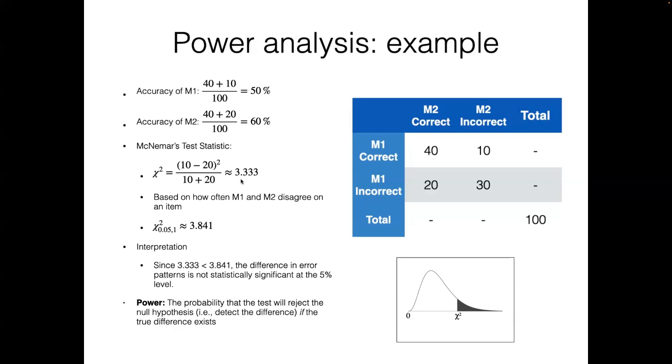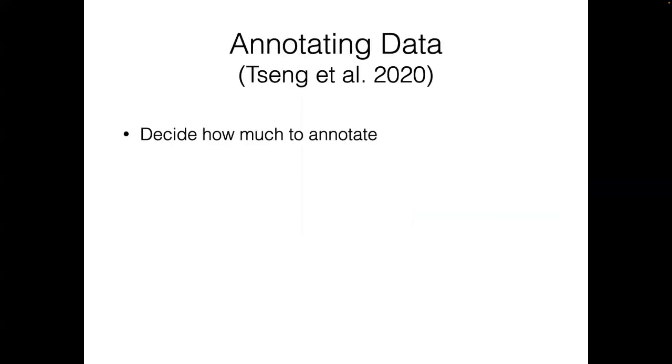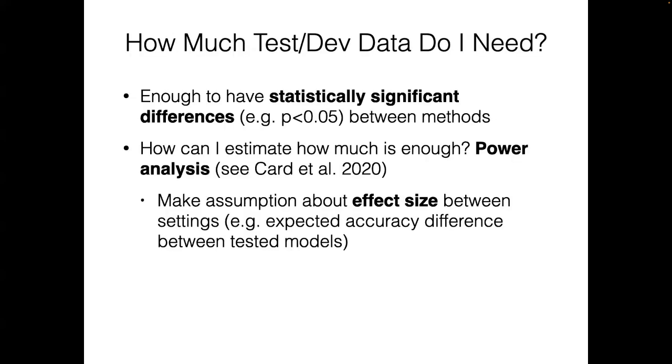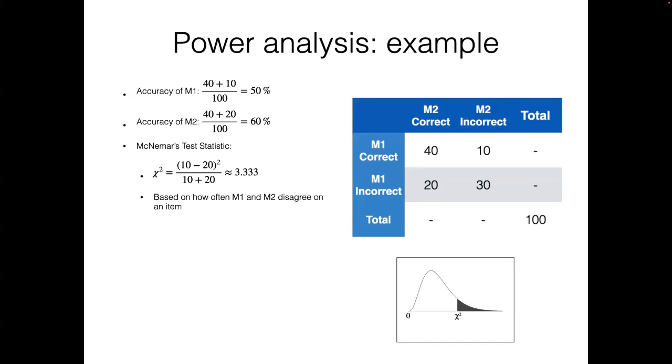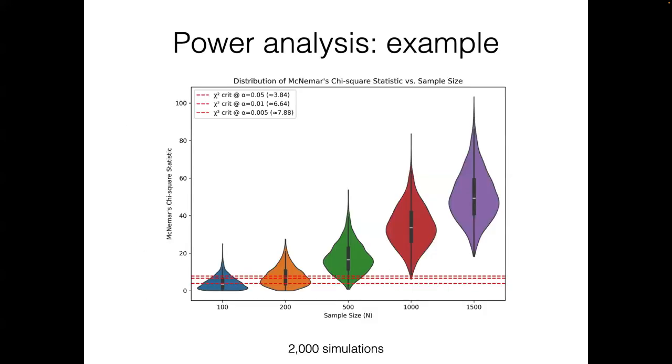Anyways, I kind of jumped into the details here. But if you are curious about this, this is a paper that puts these power analysis ideas in the context of NLP, so it could be helpful to read about. And then I have another graph here, which is basically showing what I said.